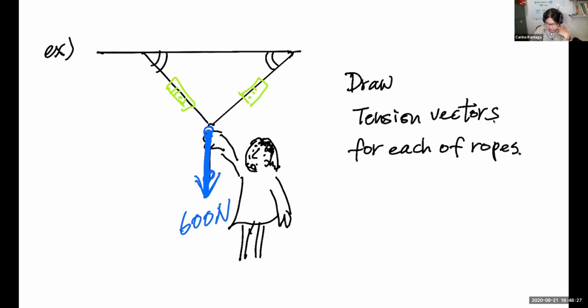When she's at rest, what is her net force? Her net force is equal to 0. So if you add up all the forces acting on her, it should be equal to 0.